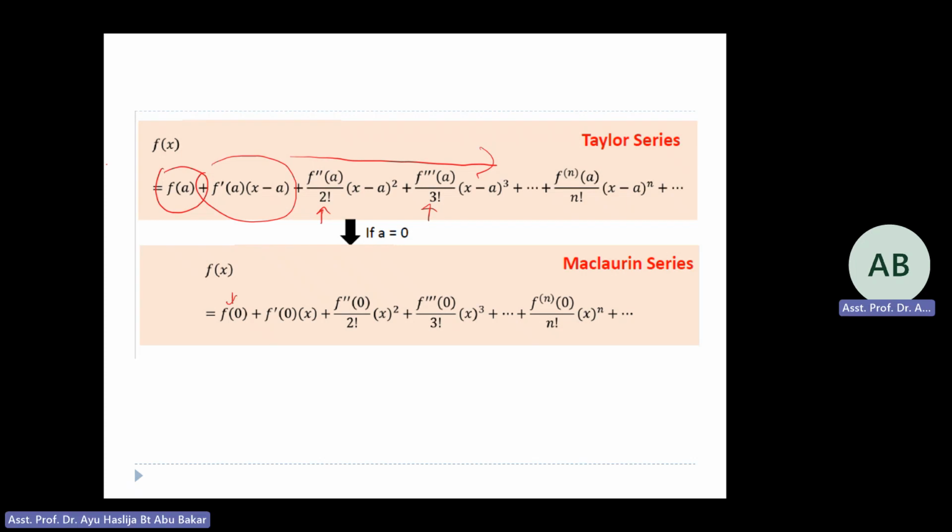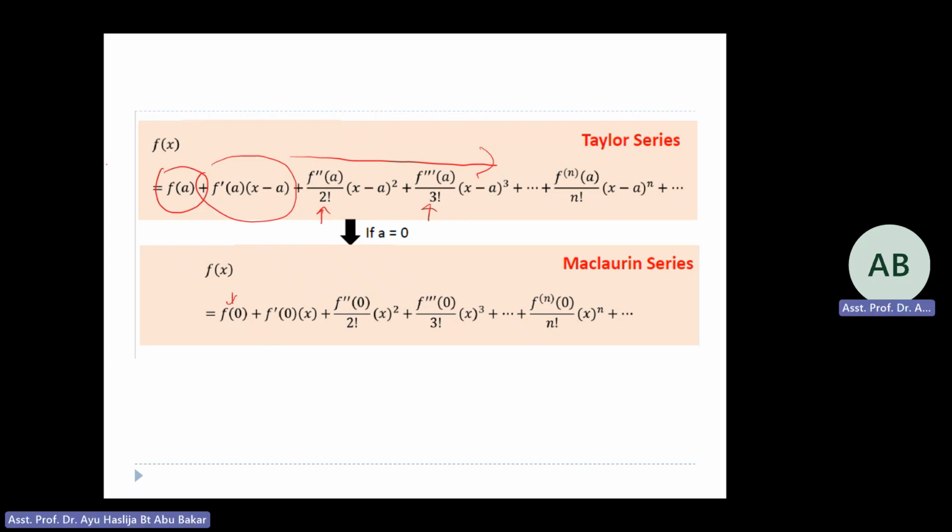When you include the second term, e^x equals 1 plus x, with x replaced by 1, you will have 2. Then expand, include the third term, x to the power of 2 over factorial 2.